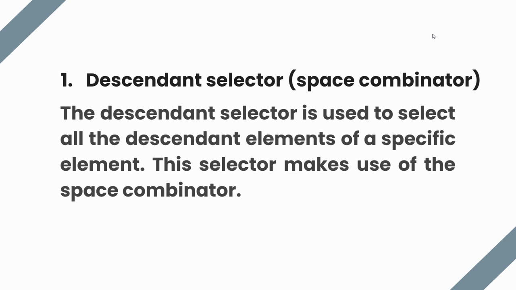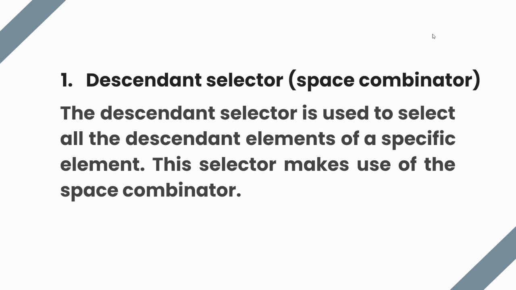For the first selector, we have the descendant selector. The descendant selector is used to select all the descendant elements of a specific element. That's basically what this selector does. It selects all the descendants.